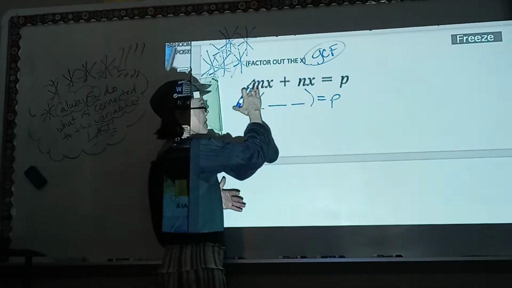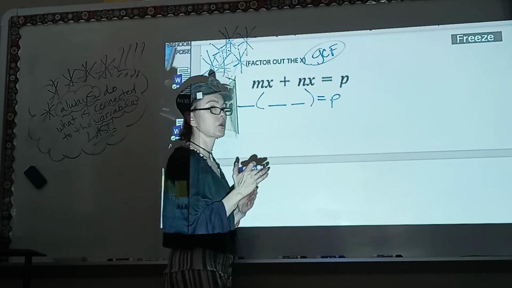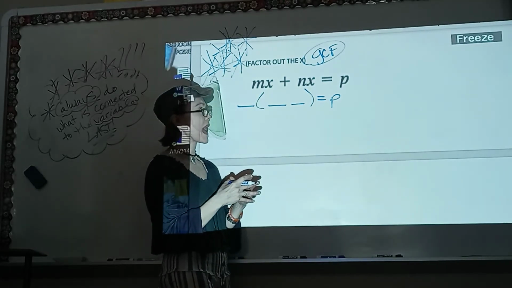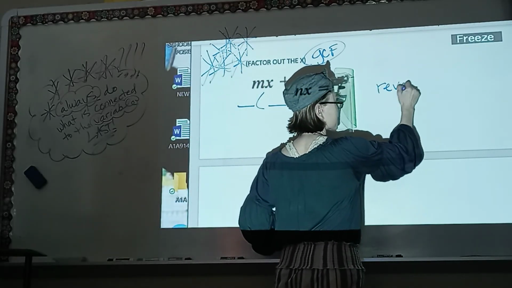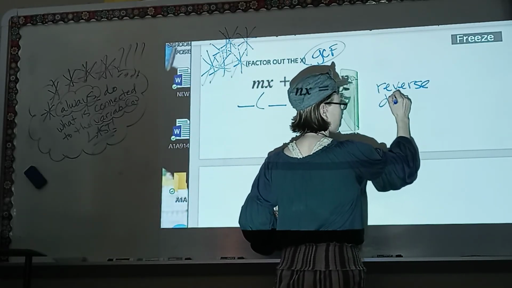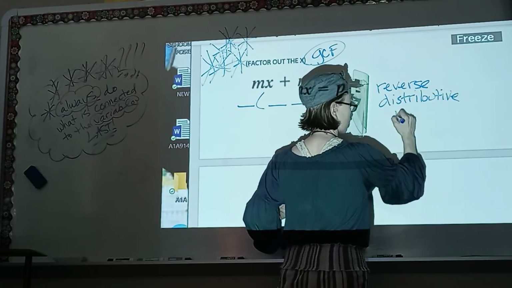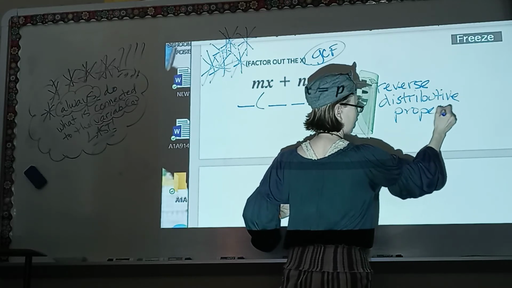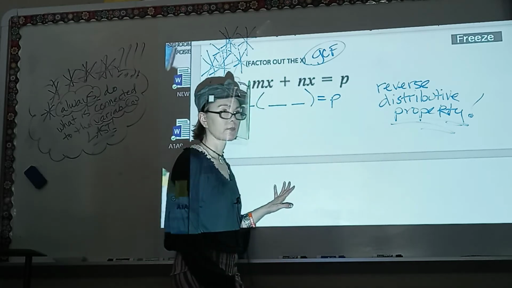So this is m times x. This is n times x. So we're doing the opposite of times. Okay, we're actually doing what's called, if you will, write this down, a reverse distributive property. That's the key, you guys. Reverse distributive property. Write that down. Do it now. Exclamation mark. Okay?